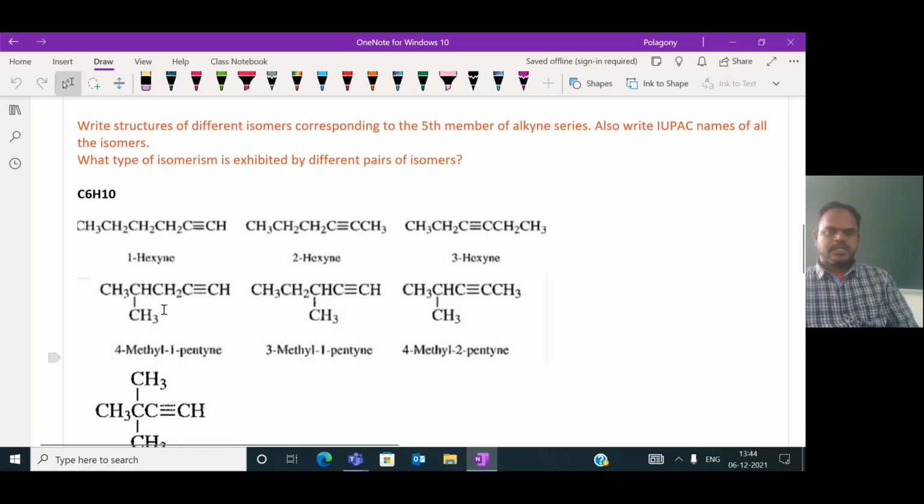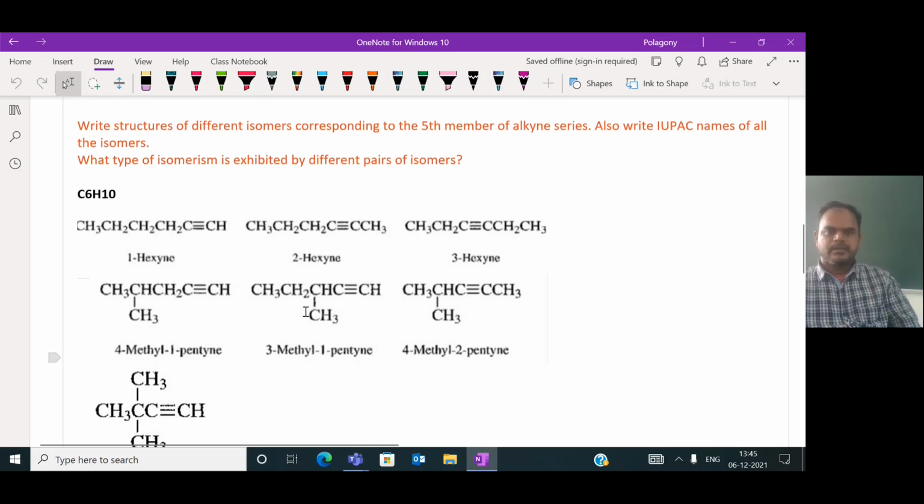And for structural isomers, if you write carbon atoms 1, 2, 3, 4, 5 in the normal continuous chain and take the 6th carbon as a branch, we can get 4 structures for the same molecule. This is 4-methyl-1-pentyne.